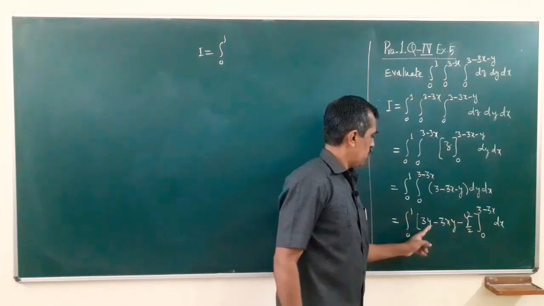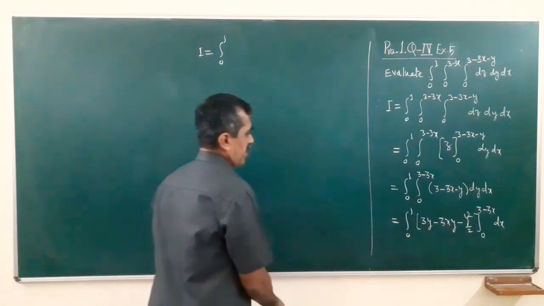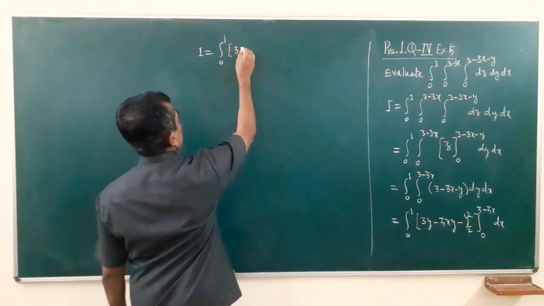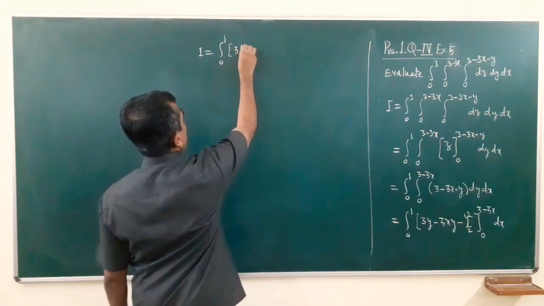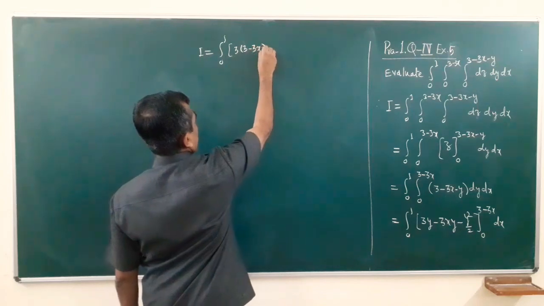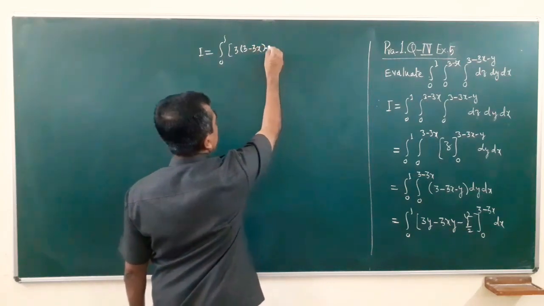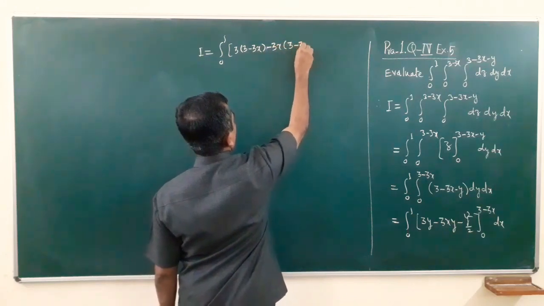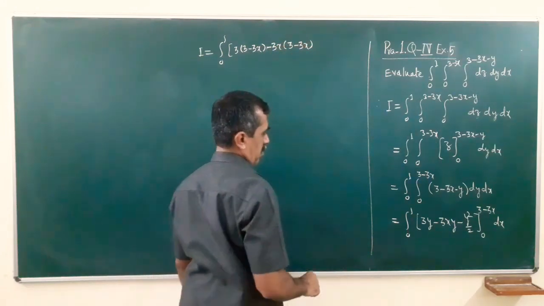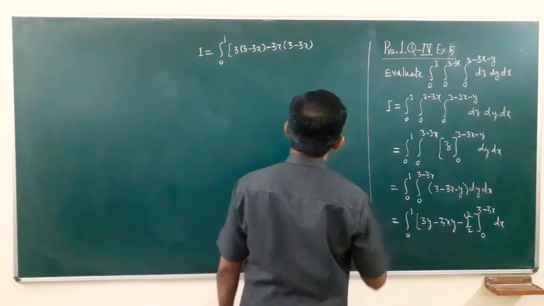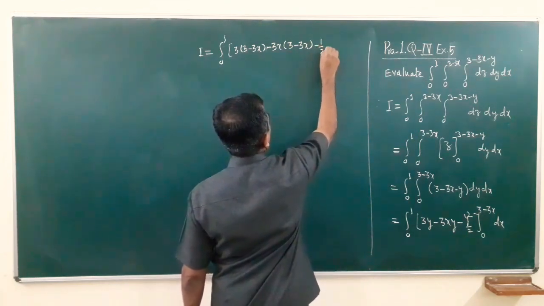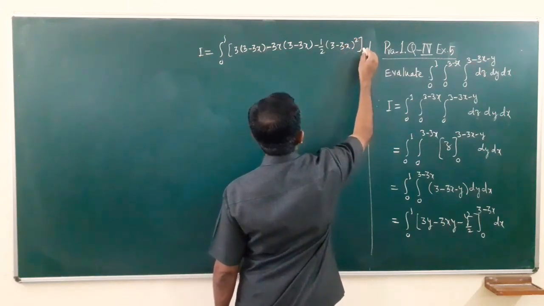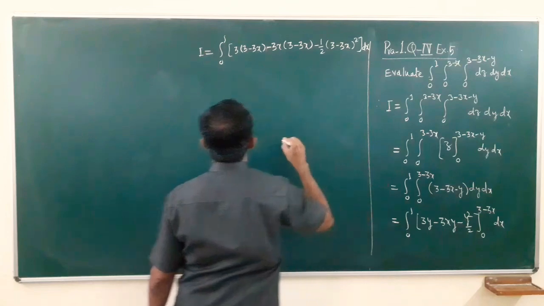Now just put y as 3 minus 3x. So 3 minus 3x minus 3x into 3 minus 3x minus half 3 minus 3x bracket square with respect to x.